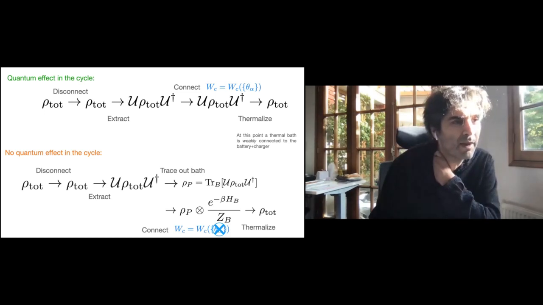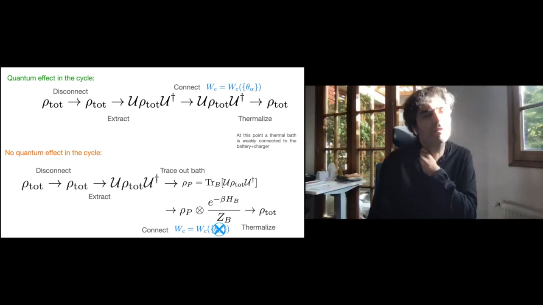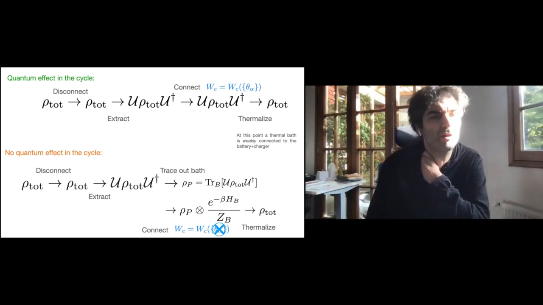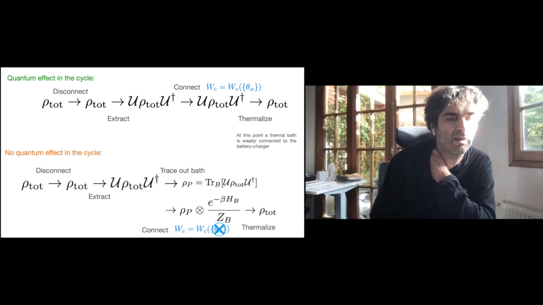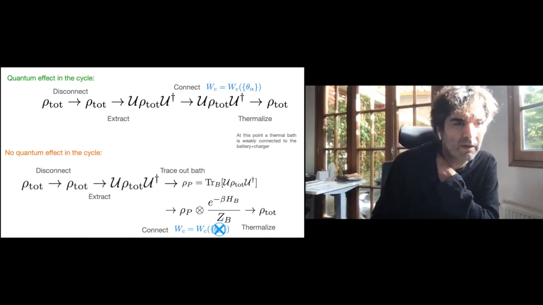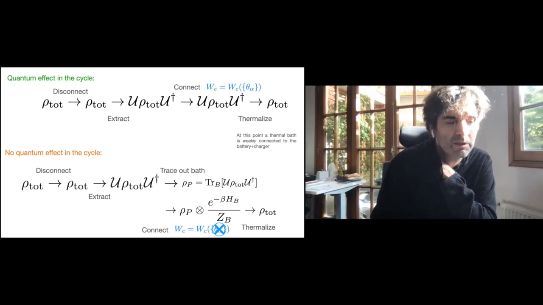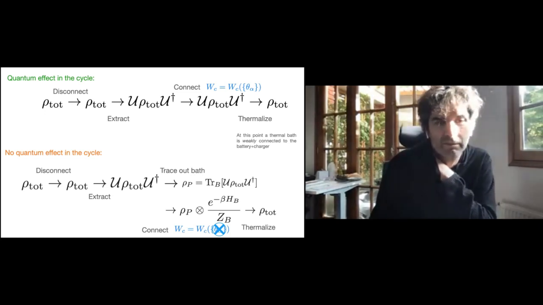My battery is in this passive state, and then I connect it to a fresh new environment, so a new charger which is in the thermal state. Then if you do this, you lose the dependence on the phases, right?